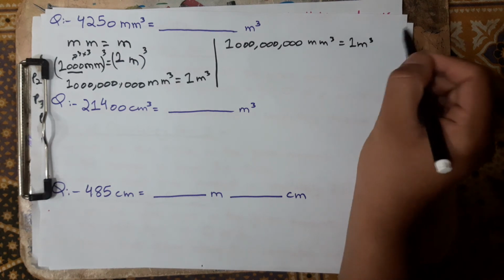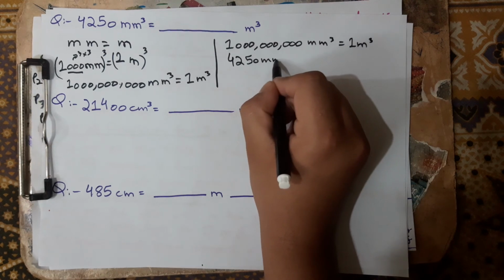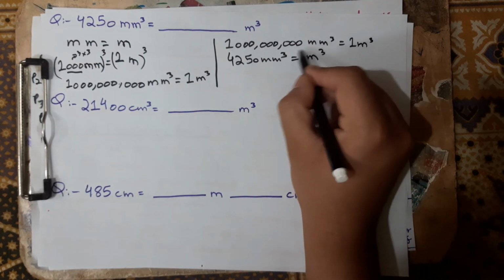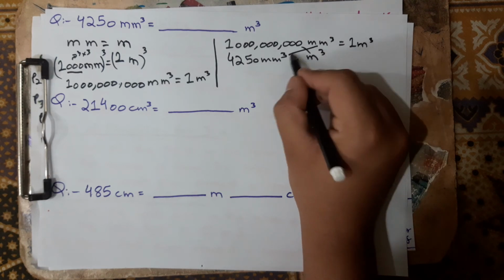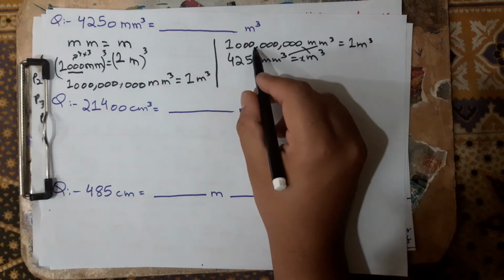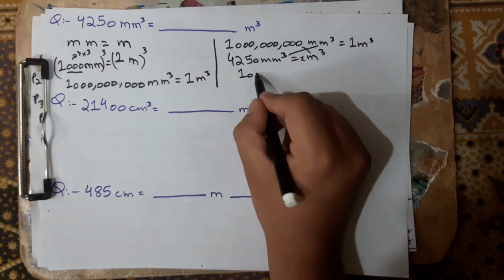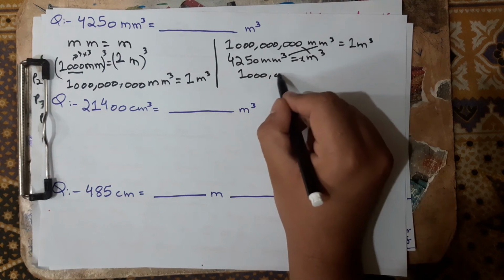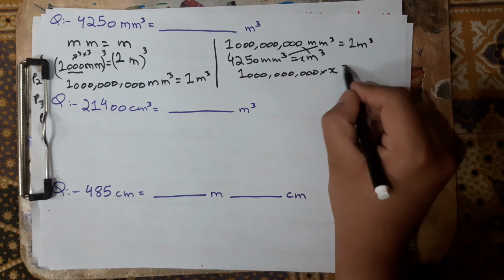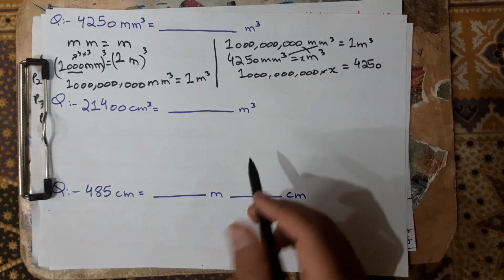And now if we write down the question, 4250 millimeter cube is equal to x meter cube, and now we will cross multiply and apply the unitary method. So x multiplied by 1000 millimeter cube, we will get x is equal to 4250 multiplied by 1, which is 4250.